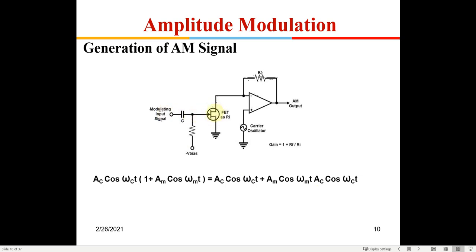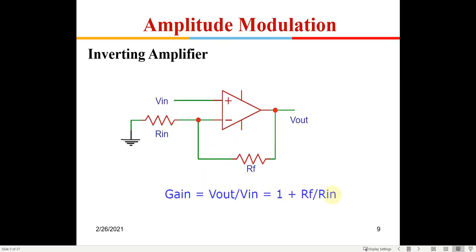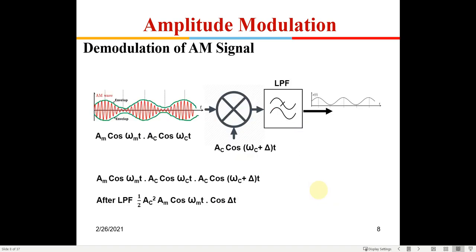Because this is an FET, if you give an increasing signal, the resistance will drop, because you are switching on this transistor. If you give a lower signal, the resistance will increase. So Rin is proportional to K by V in, and that will come into the numerator.